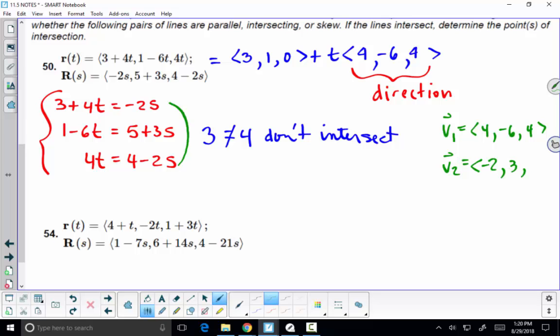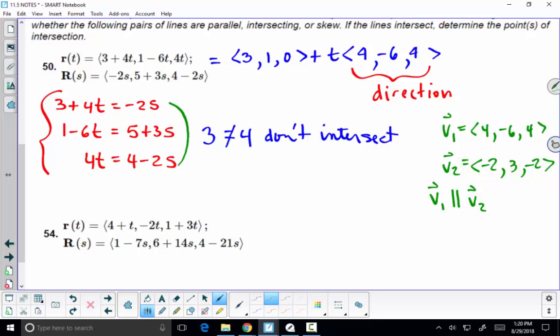Yeah, it looks like the direction vector of RT is -2 times the direction vector of RS. So if we look at this, what we see is that V1 is parallel to V2. Everyone agree?